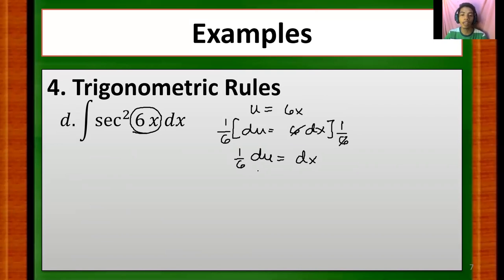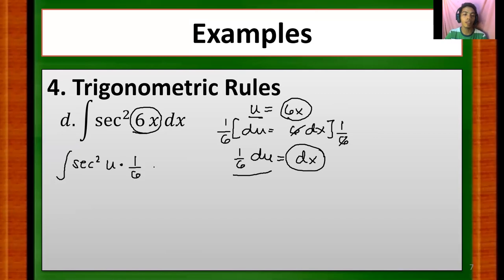So now, ang gagawin na lang natin, yung 6x ay papalitan mo ng u at ang dx ay papalitan mo ng 1/6 du. So mangyayari, magkakaroon tayo ng integral of secant square of u times ang dx natin ay 1/6 du. So yung 1/6 na to, ilalabas ko lang.